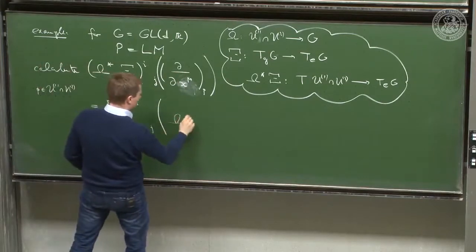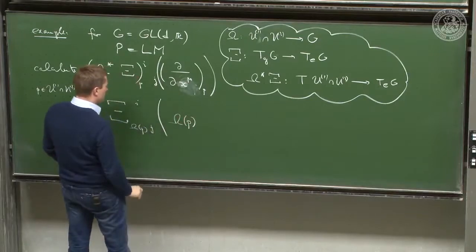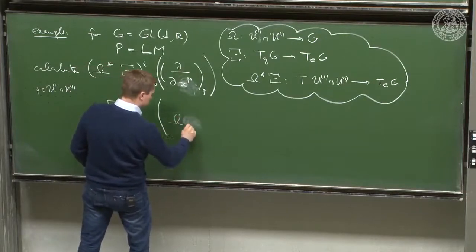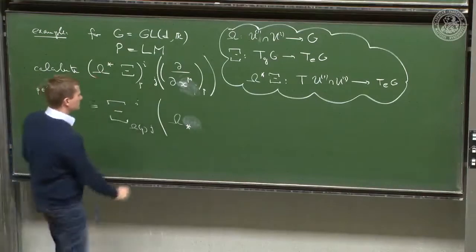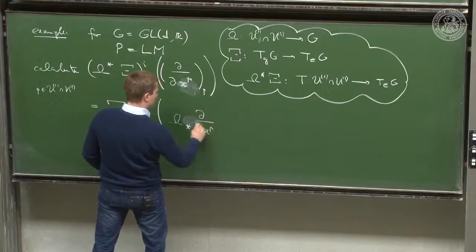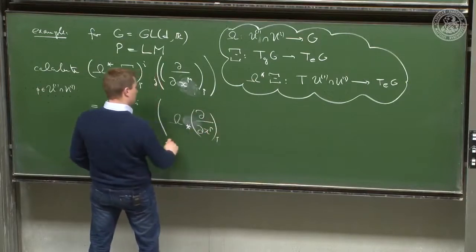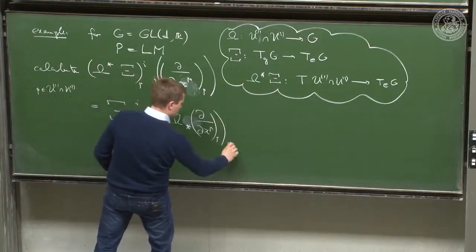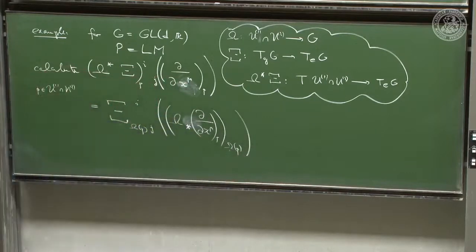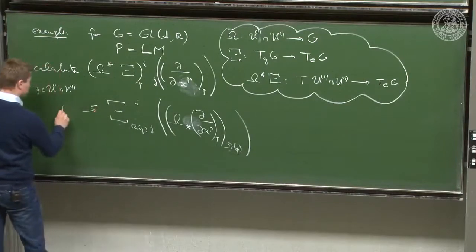So this is omega of P push forward, acting on del by del x mu at the point P, and the whole result is then of course at the point omega of P, as it must be such that this form can act on it. So that's the definition of the push forward.